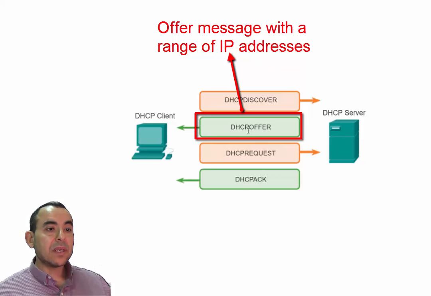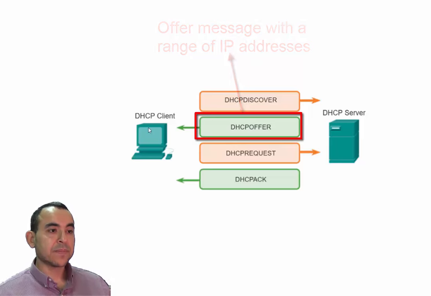The DHCP offer message will contain confirmation that this is the DHCP server, and it will also send some range of IP addresses as a lease to the DHCP client that the client may select from.